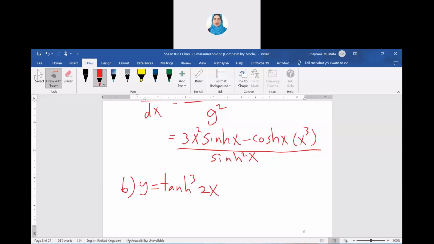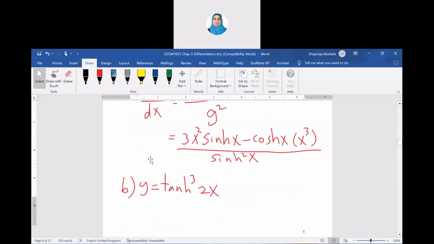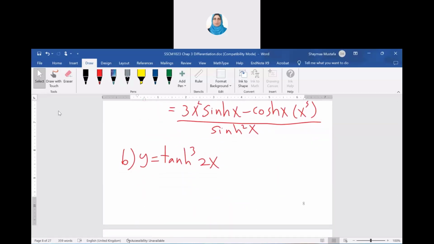For this one, we need to apply which rule? Is it multiplication rule, division rule, chain rule? Chain rule. Yes, chain rule, because this one is function inside function. We have tan inside the power, and we have 2x inside the tan function.